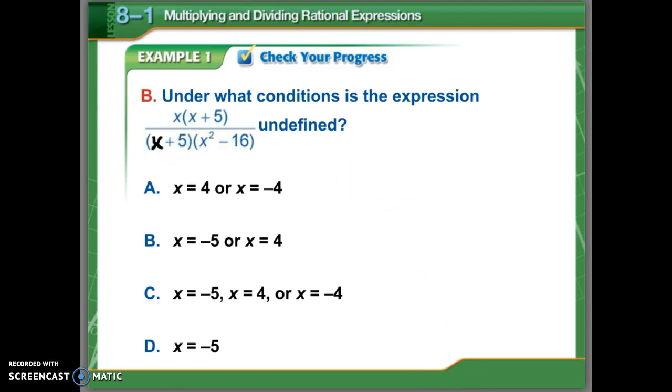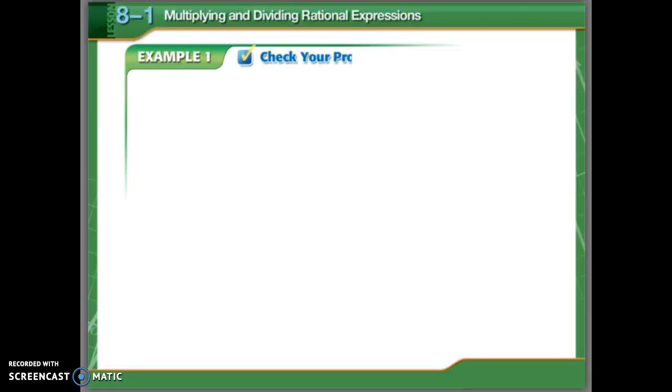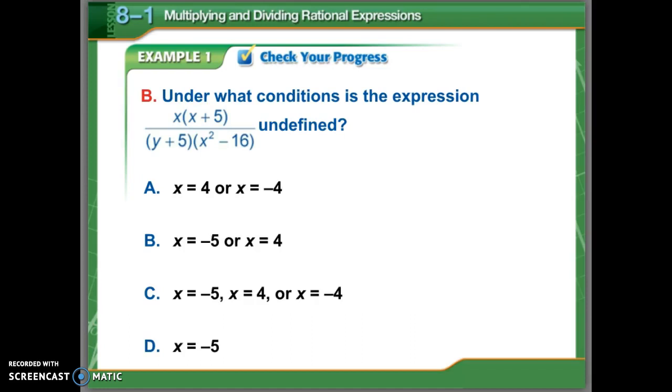All right, when you have your answer, go on to the next slide. So this time we have C. If we put in negative 5 here, this would be equal to 0, and this is another difference of squares from 4, so we have plus or minus 4 also.